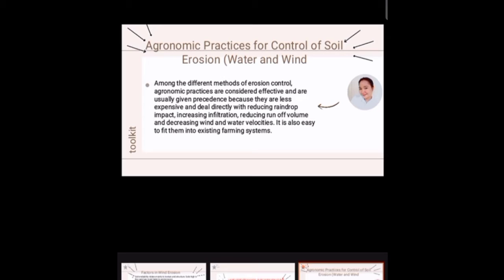Among the different methods of erosion control, agronomic practices are considered effective and are usually given precedence because they are less expensive and deal directly with reducing raindrop impact, increasing infiltration, reducing runoff volume, and decreasing wind and water velocities. It is also easy to fit them into existing farming systems.